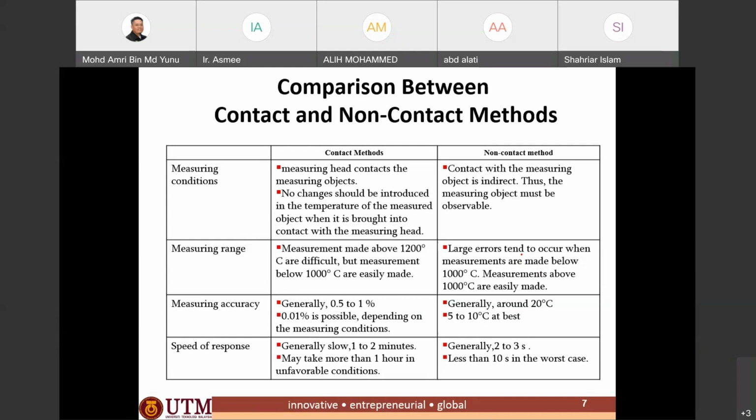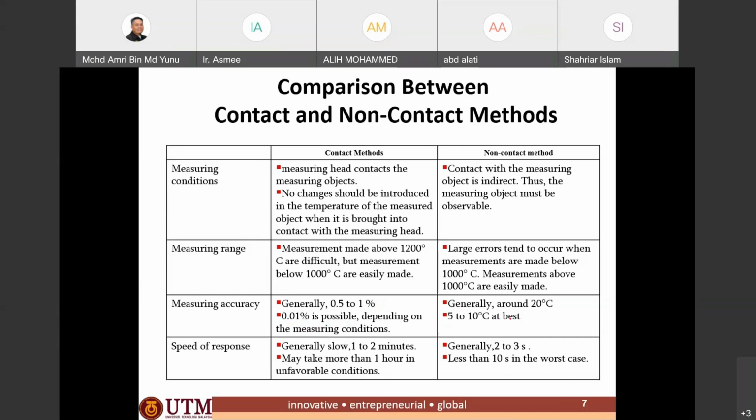Okay, and then the accuracy for contact is normally 0.5 to 1% of the measurement. A range of 0.1% is possible depending on the measuring condition.